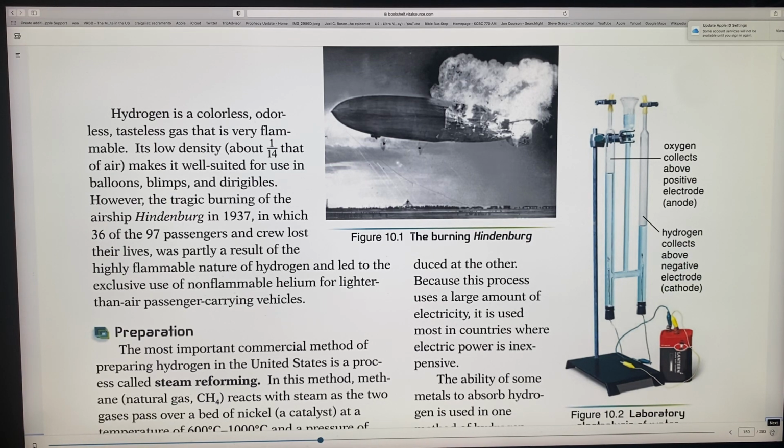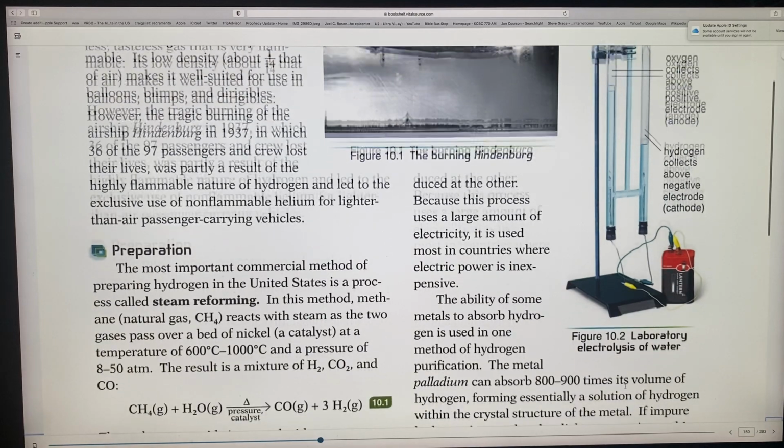It's well suited for balloons and blimps and dirigibles, and so hydrogen was used in these. Now, mostly they want to use helium because of the problems with hydrogen being so flammable.